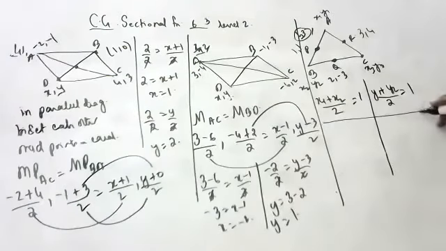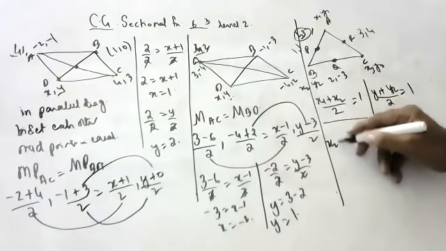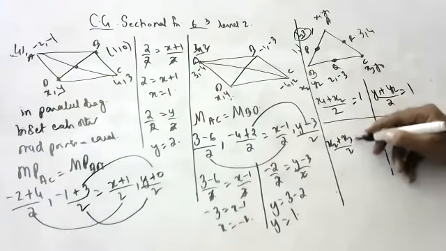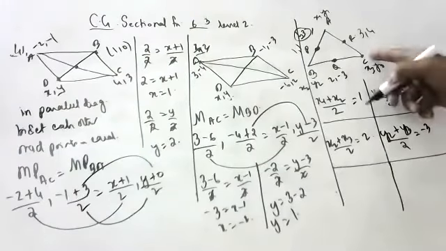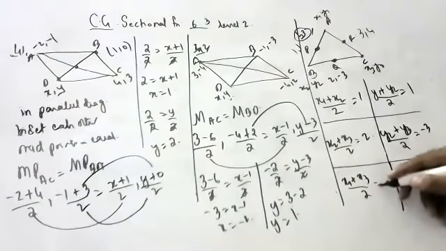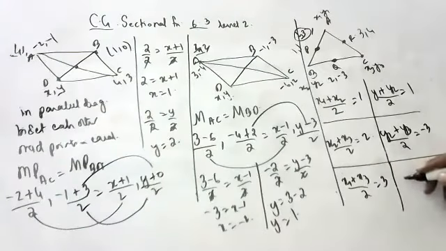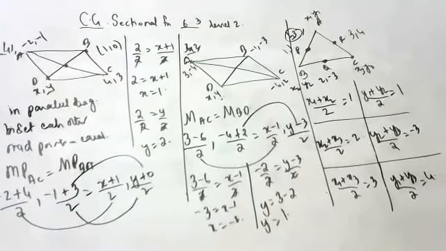In the same way, for the other midpoints, (x2 + x3)/2 = 2, (y2 + y3)/2 = -3, (x1 + x3)/2 = 3, and (y1 + y3)/2 = 4. Very fantastic. So now what will we do?